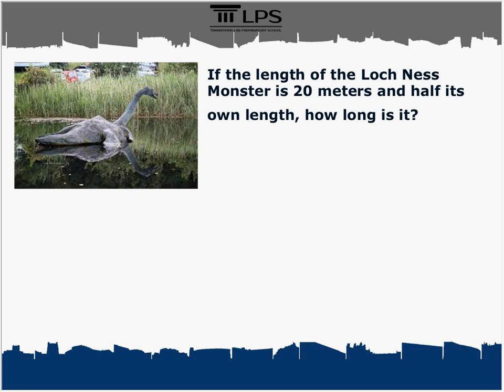A Loch Ness monster is 20 meters and half its own length. I have selected the length of the Loch Ness monster as L. So this L is equal to 20 plus half of L. Yes, Devin.